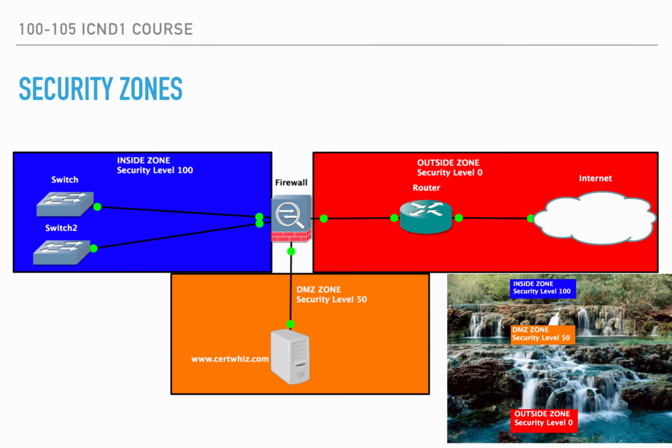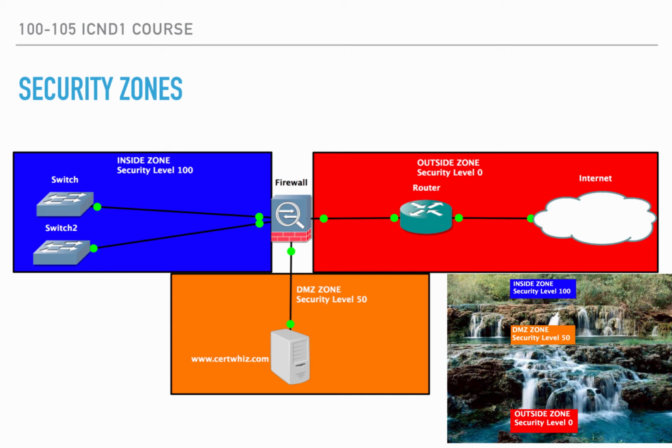So, continuing with our example, looking at the DMZ with a level of 50, can the DMZ flow or connect to the outside zone with a level of 0? Yes. But can the DMZ flow up or connect to the inside zone?